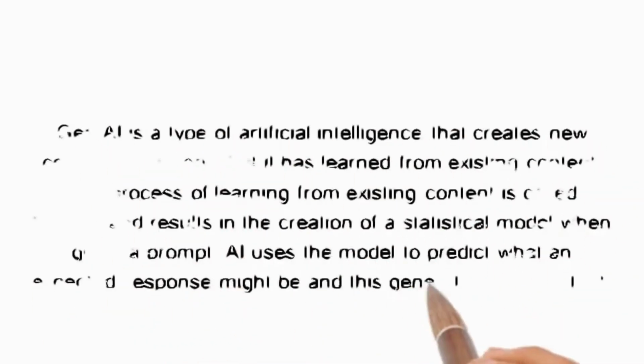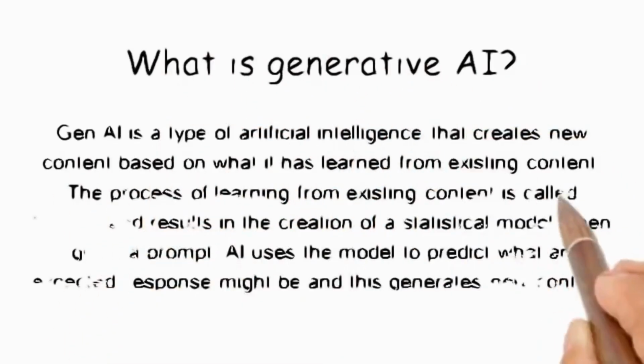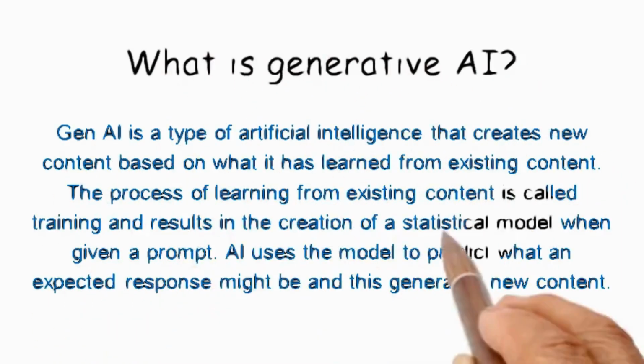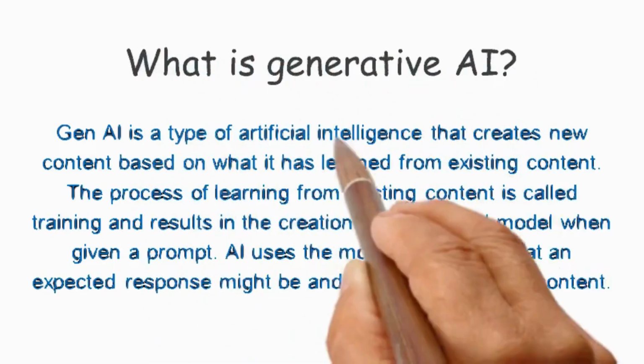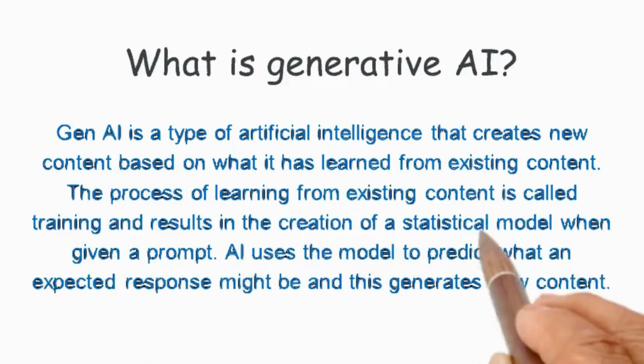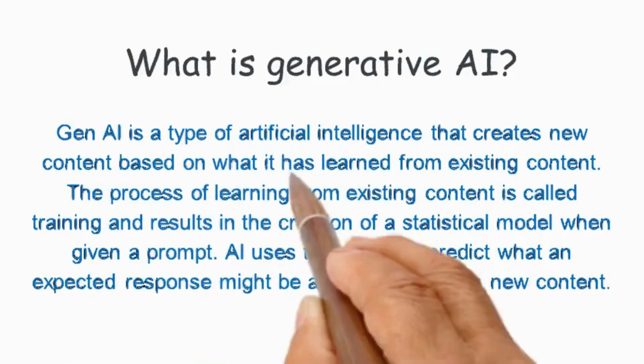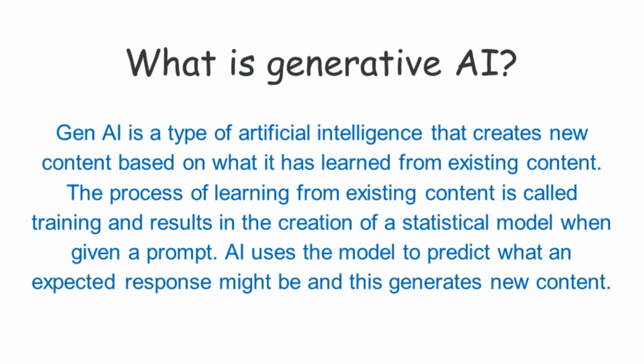Now we come to our formal definition. What is generative AI? Gen AI is a type of artificial intelligence that creates new content based on what it has learned from existing content. The process of learning from existing content is called training and results in the creation of a statistical model.